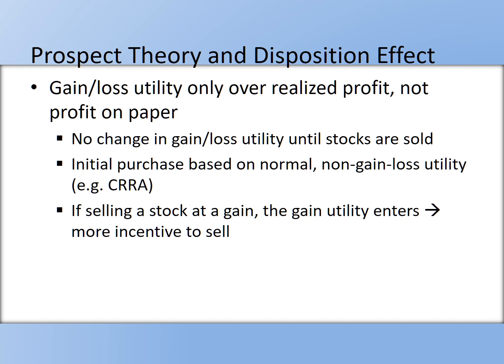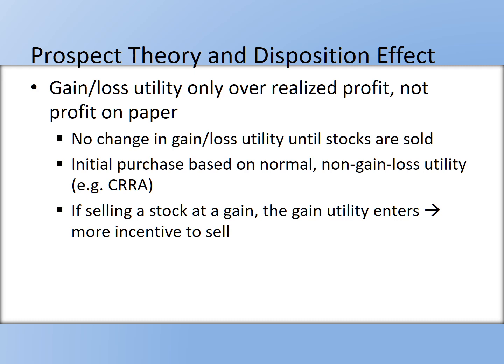In some sense, there's an adjustment, right? When you sell, if you happen to sell at a gain, that gives you a boost in utility, because you get a positive amount of utility from here. If you sell at a loss, you get a deduction in utility, because the gain loss utility will be negative. You always have the standard utility over wealth, but in addition you have a gain loss utility that depends on whether your stock has gone up or down in value.